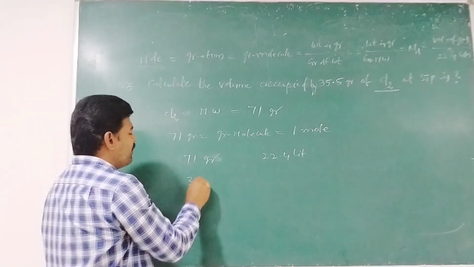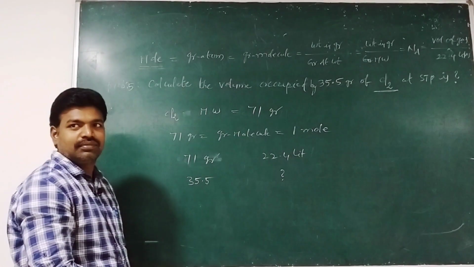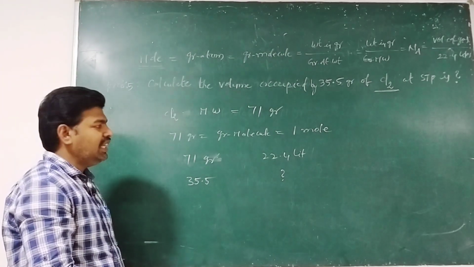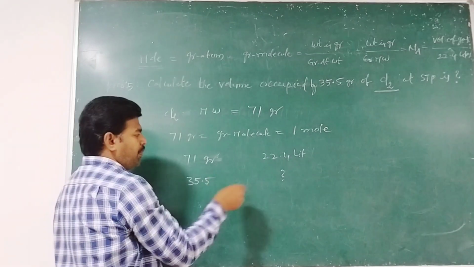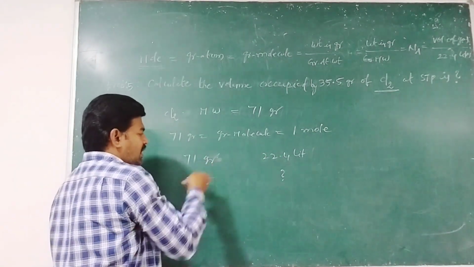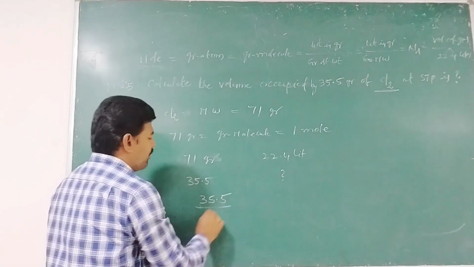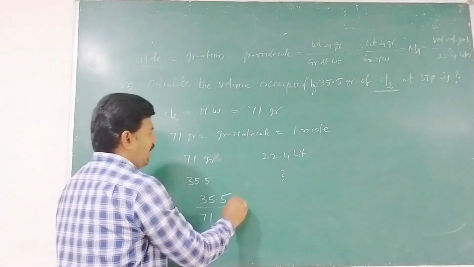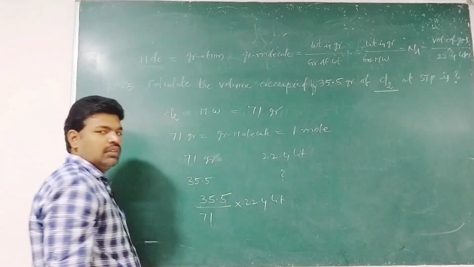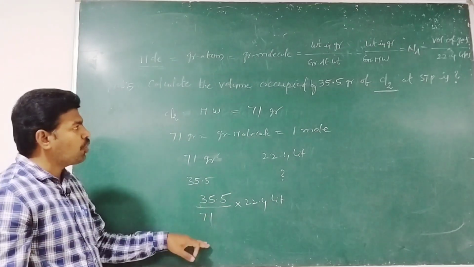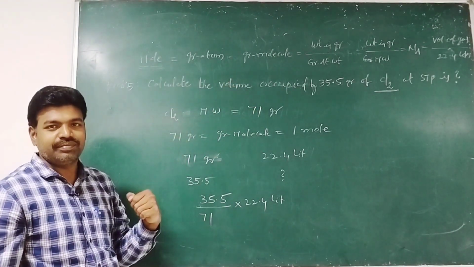Then 35.5 grams occupies how many liters? It is very simple. We can cross multiply this relation. Then we get 35.5 by 71 into 22.4 liters. That gives the volume occupied by 35.5 grams of chlorine.